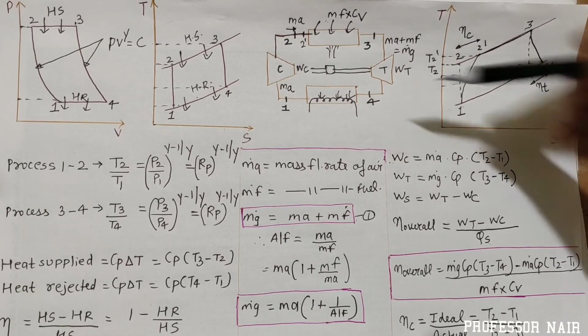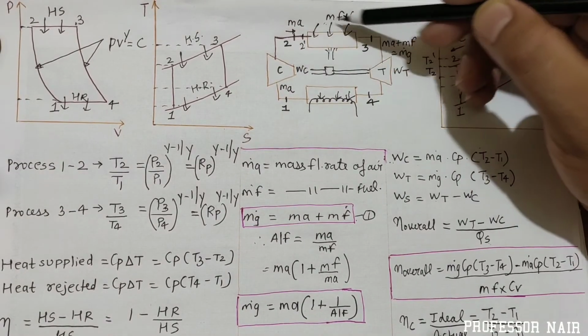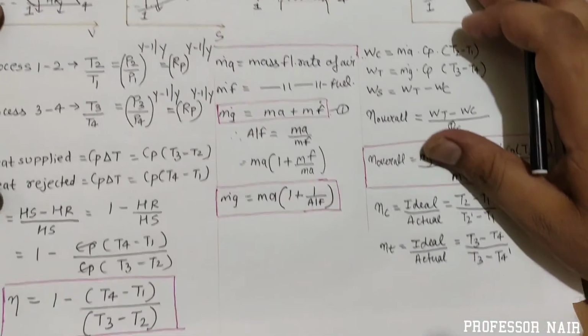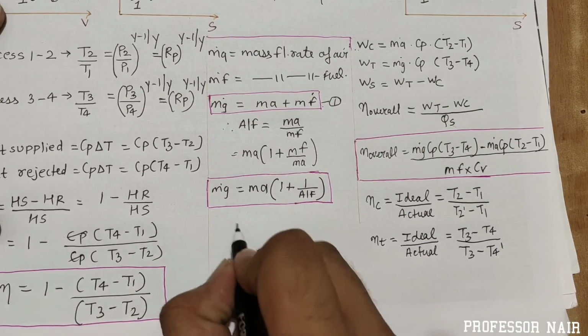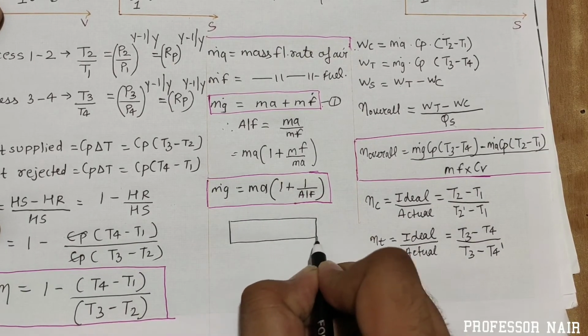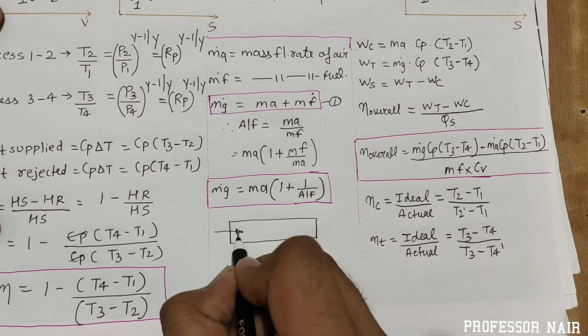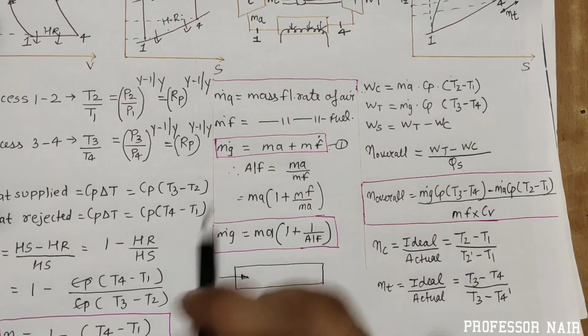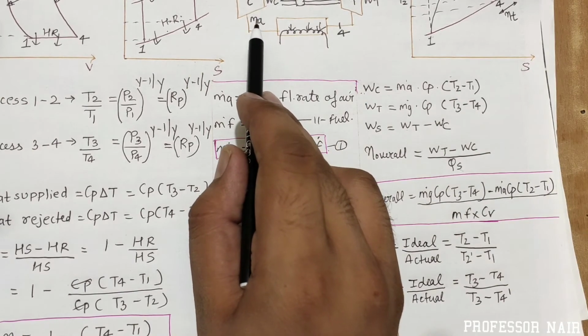If we see the energy balance equation of the combustor, it is very interesting. So let's see about it. If I draw a combustor energy balance equation, which input is coming here? MA, right?